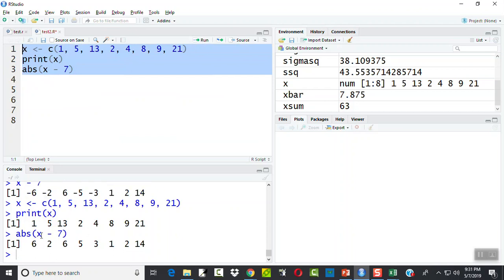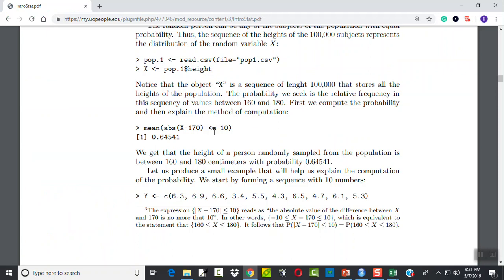Now what this has given us here is, if you go from 1 to 7, this gives us the distance, the absolute distance. We're going to come back to that because I'm not sure where they're headed with that yet. And we're checking whether the distance is less than or equal to 10.